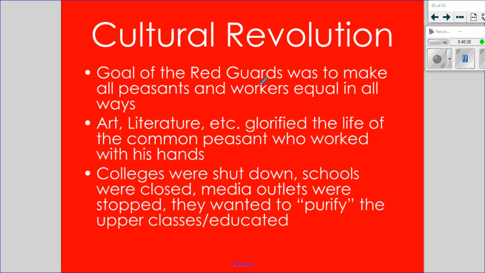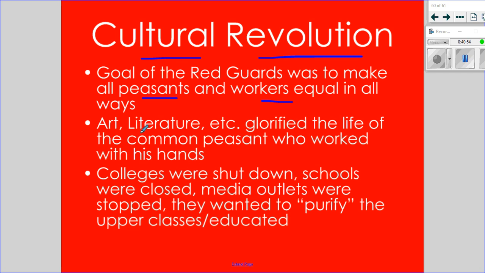All right. So the Cultural Revolution in China was basically a war against supposed enemies of the people. So basically, if you were an intellectual or an artist or something like that, you were viewed as an enemy of the people. And the Red Guards wanted to make sure that all peasants and workers were equal in any way.